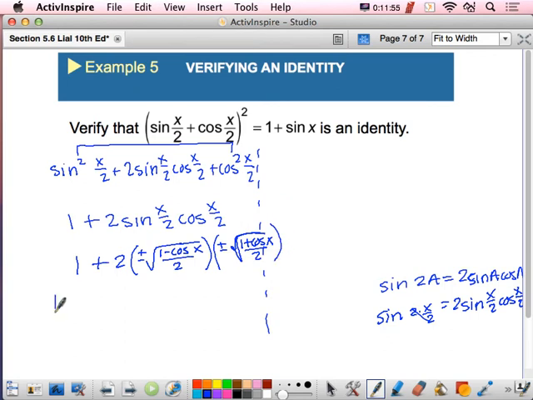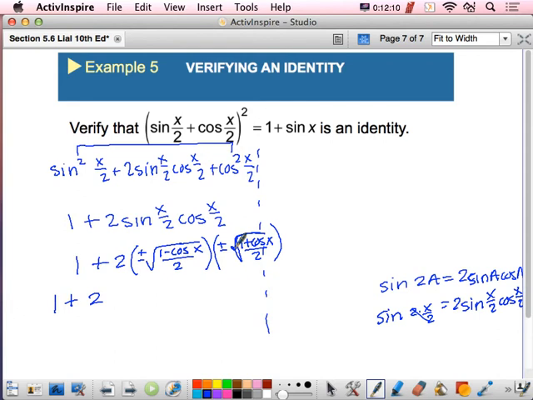So we have 1 plus 2 times. If I multiply a positive by a positive, I get a positive. If I multiply a negative by a negative, I get a positive. So do you see that the pluses and minuses cancel each other out here?